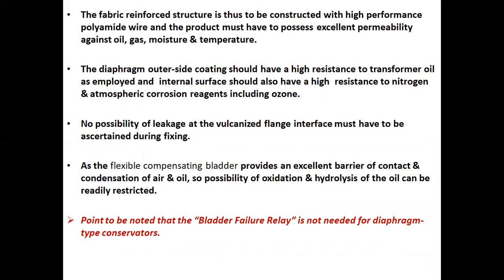The diaphragm outer side coating should have a high resistance to transformer oil as employed, and internal surface should also have a high resistance to nitrogen and atmospheric corrosion reagents, including ozone.